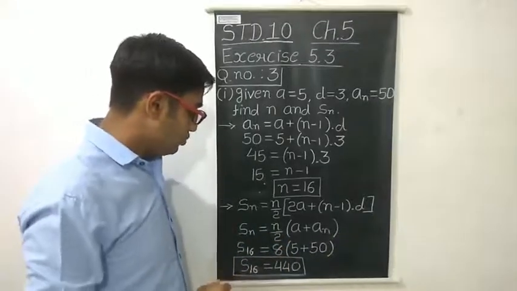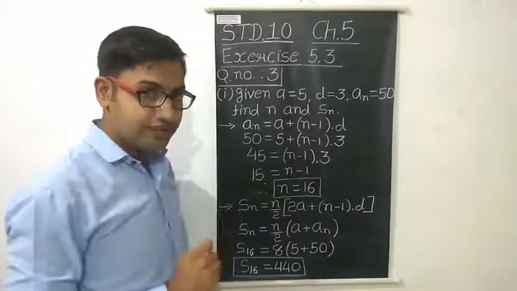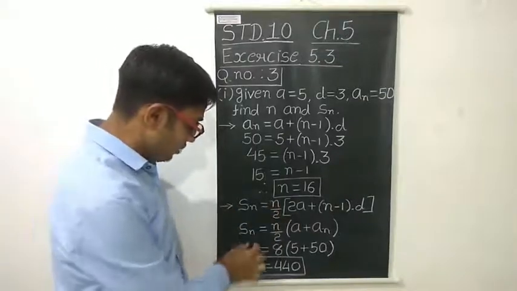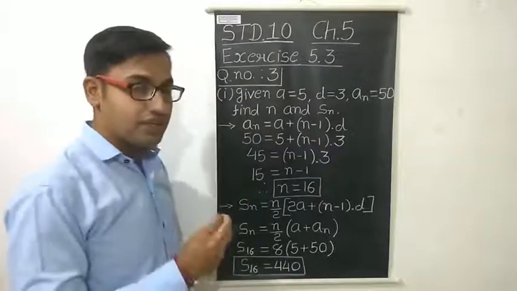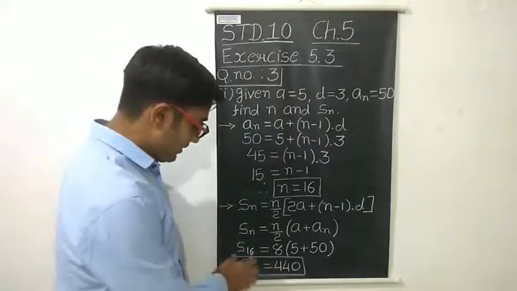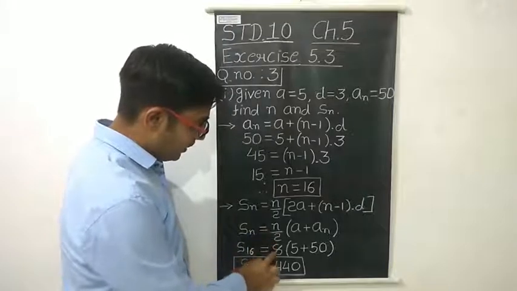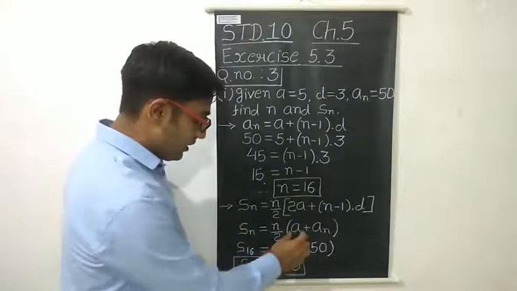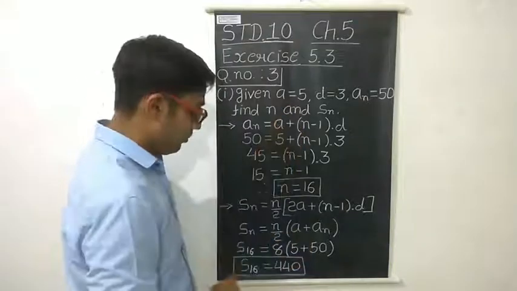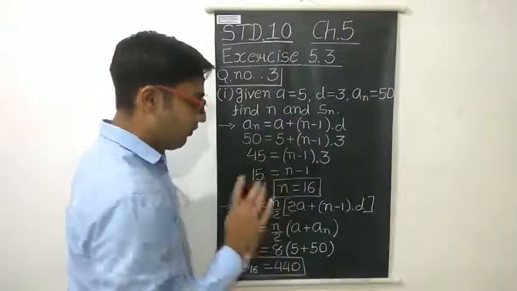Using n = 16, we have to find the sum of 16 terms. So S16 = n by 2, that is 8, because n is 16, and a is 5, which is given, and an is 50.